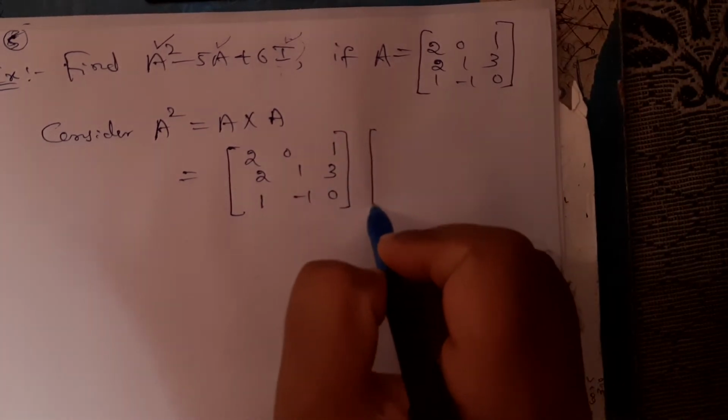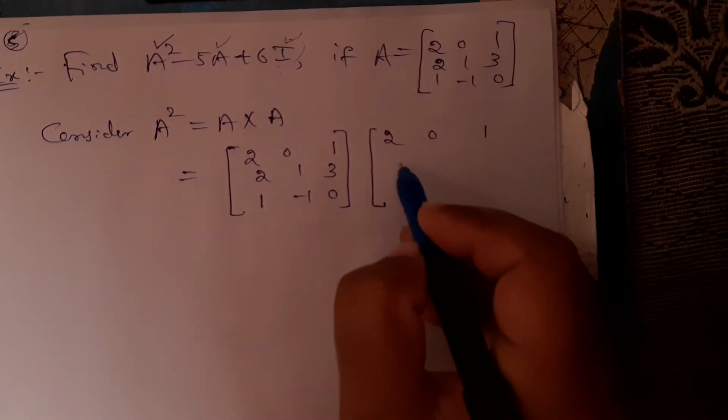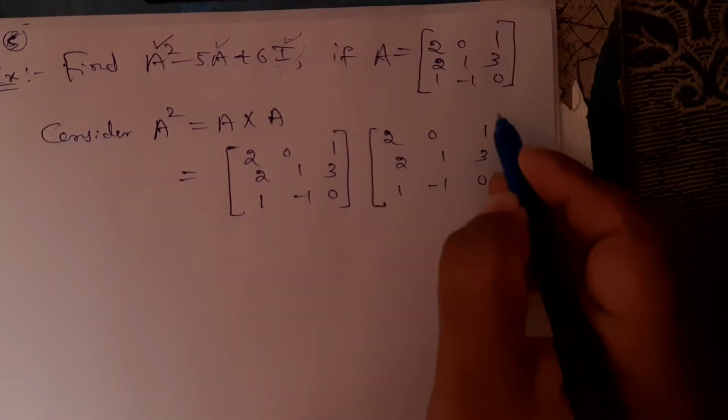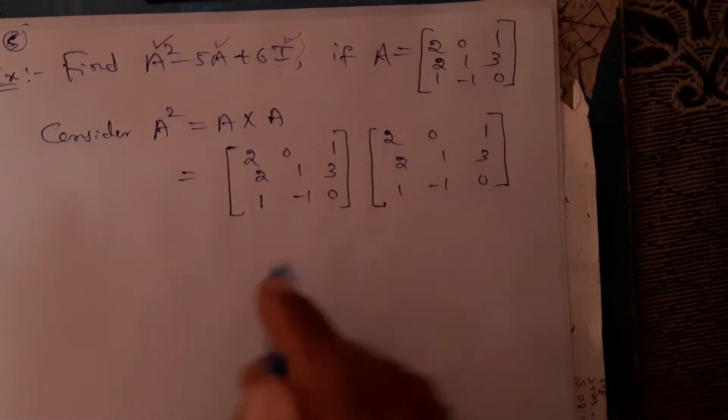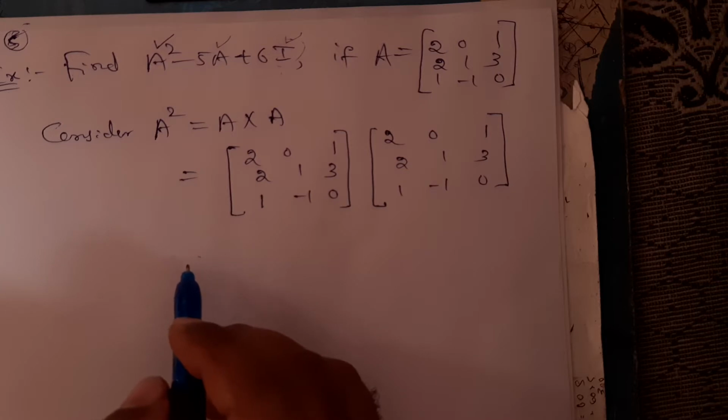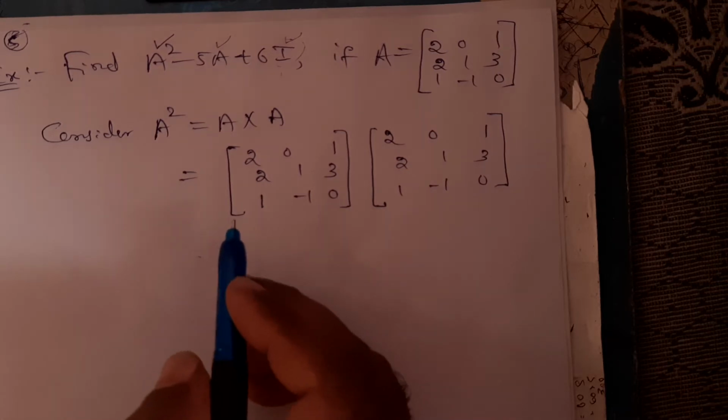So this is A. Let me write that matrix again here, 2 1 3, 1 minus 1 0. So A into A. Let us multiply it repeatedly, 2 times.